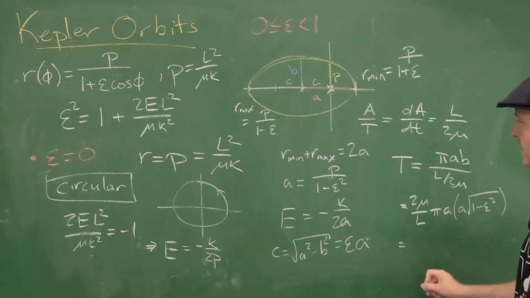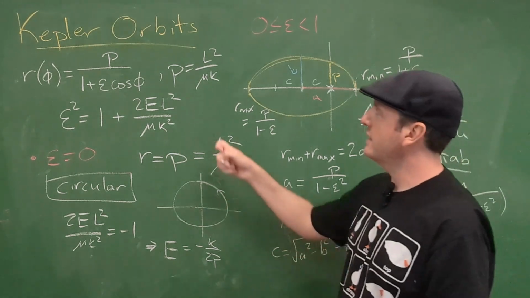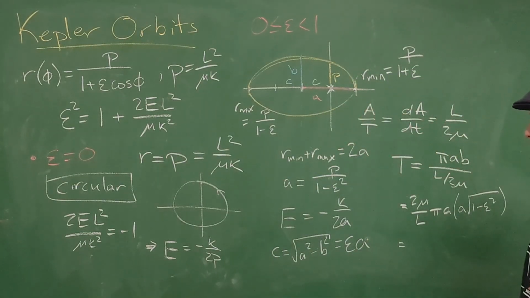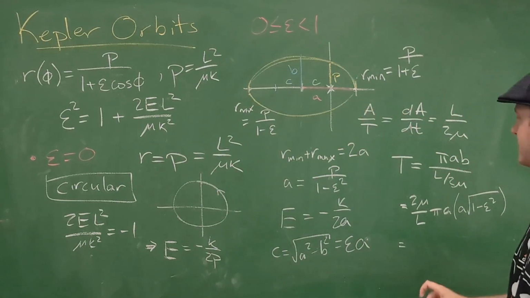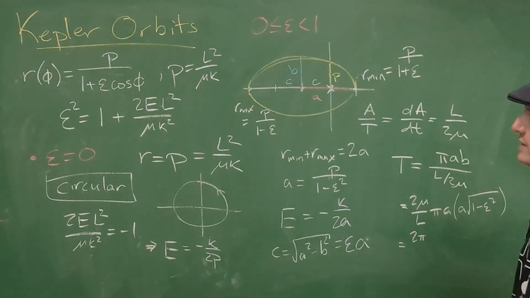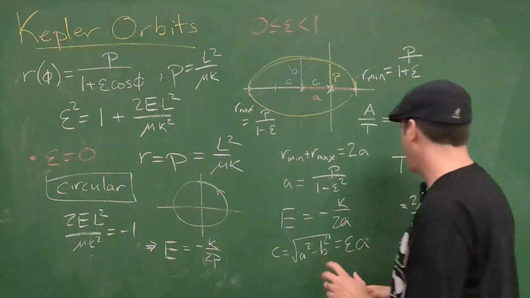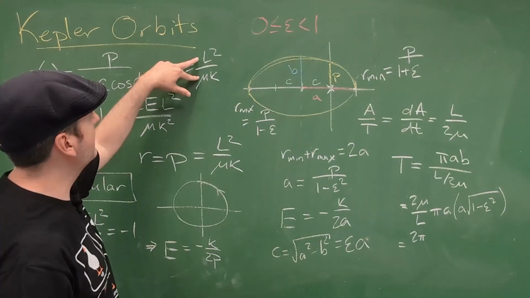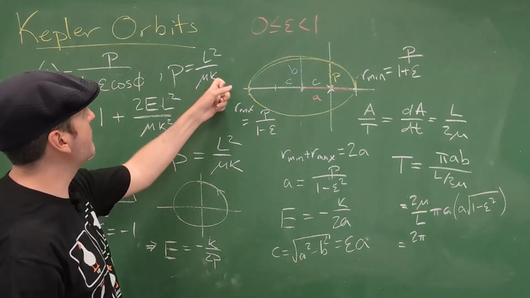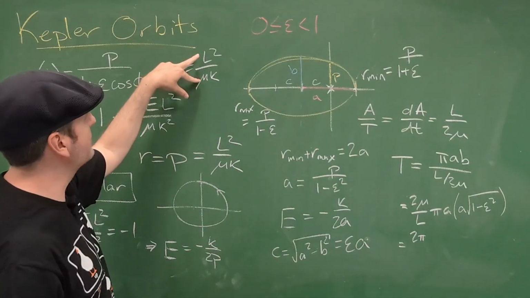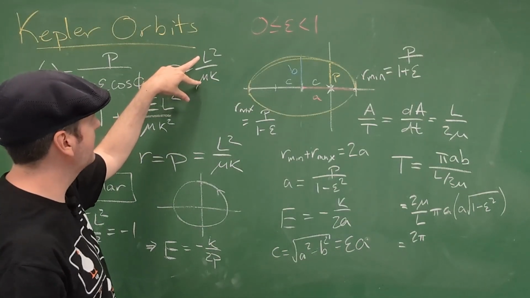And then to finish things off, remember 2 mu over L. I'm going to try to use P here to rewrite that. And what would that be? Let's see, I'll need a 2, so I'll put a 2 pi here. That pi comes to the front. Okay, so to finish that calculation off, I need to know what mu over L is. Let's go back over here and rewrite it in terms of P. If I divide both sides of this by mu, I'll have an L squared over mu squared.